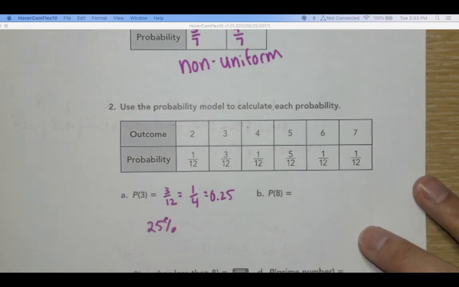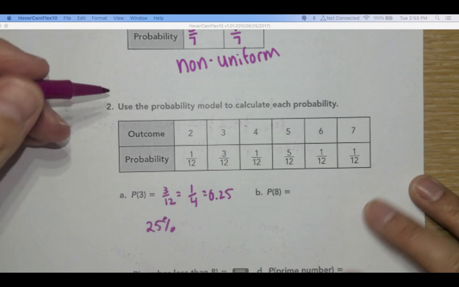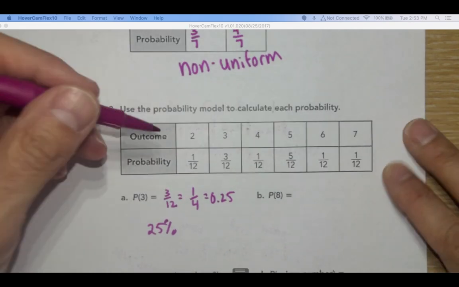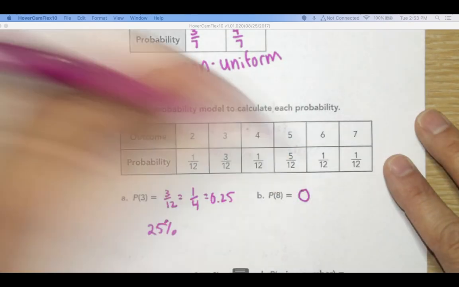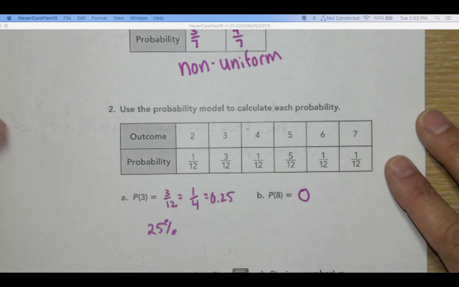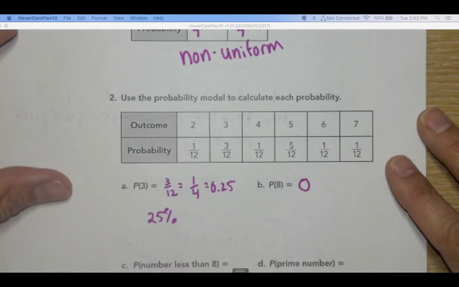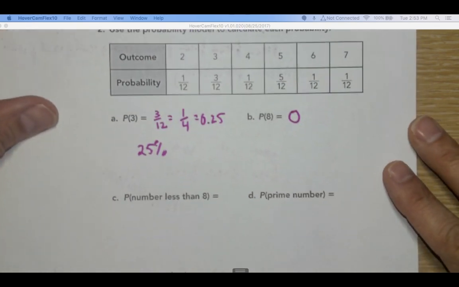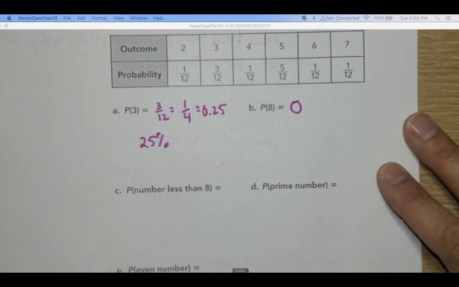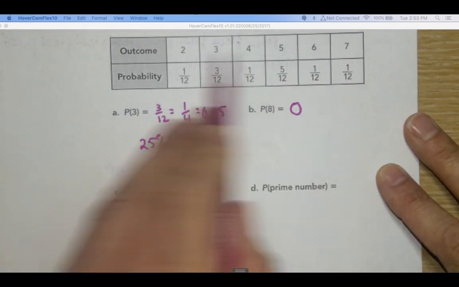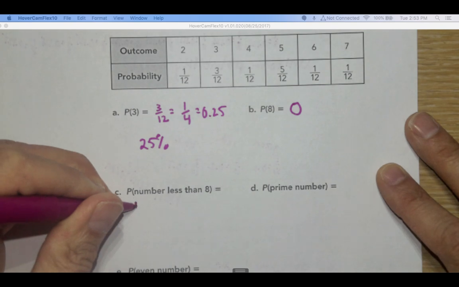For B, the probability of an 8. Well, 8 is not a possible outcome, so the probability there is going to be 0. C, the probability of a number less than 8. They're all less than 8, so that's going to be a probability of 1.